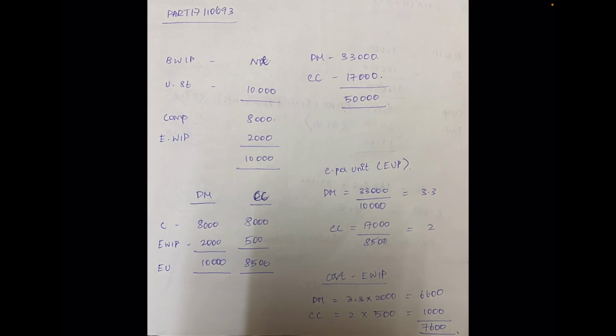Here is the solution. This question does not say whether the FIFO or weighted average cost method is used, but since there is no beginning work in process inventory, it does not matter which one is being used. The cost per equivalent unit for each cost element will be the cost added during the month divided by the total equivalent units.